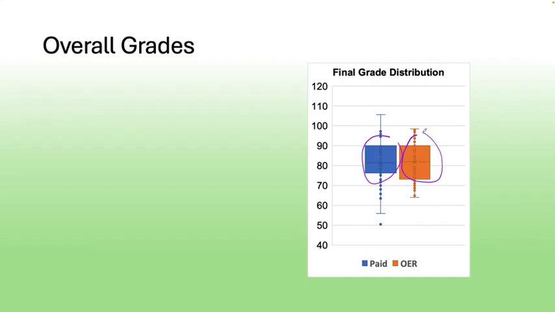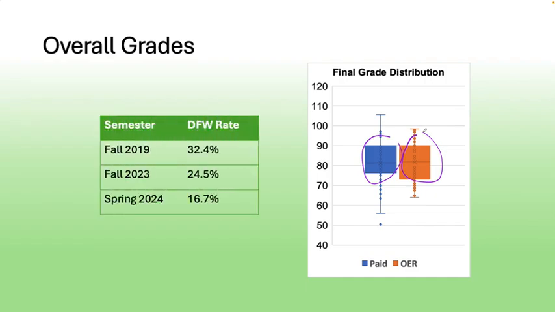But what was even more significant was when we examined the DFW rates. So anything under C is considered no good for major students in biological sciences. For the fall 2019, the DFW rate was 32.4%. This is when the students were using the paid manual, versus fall 2023 and spring 2024 using our OER lab manual.